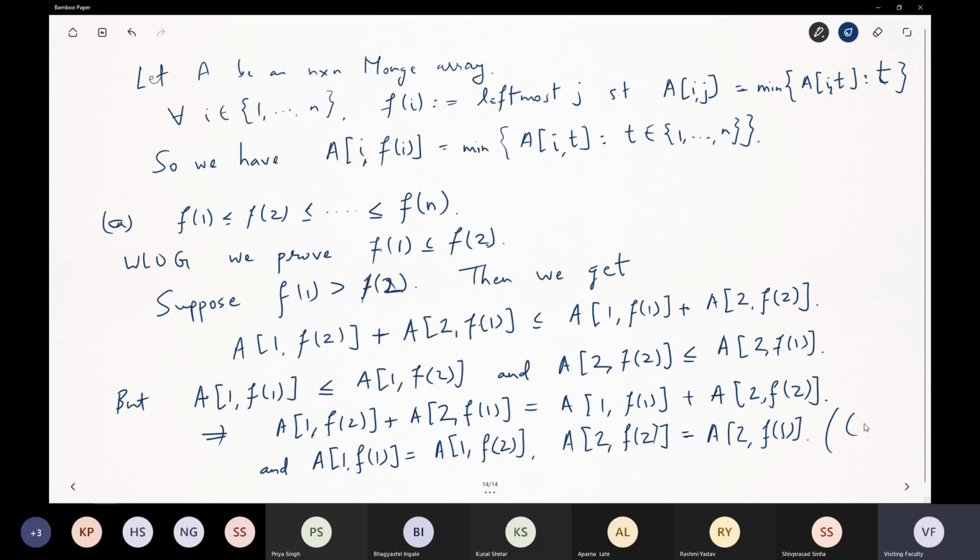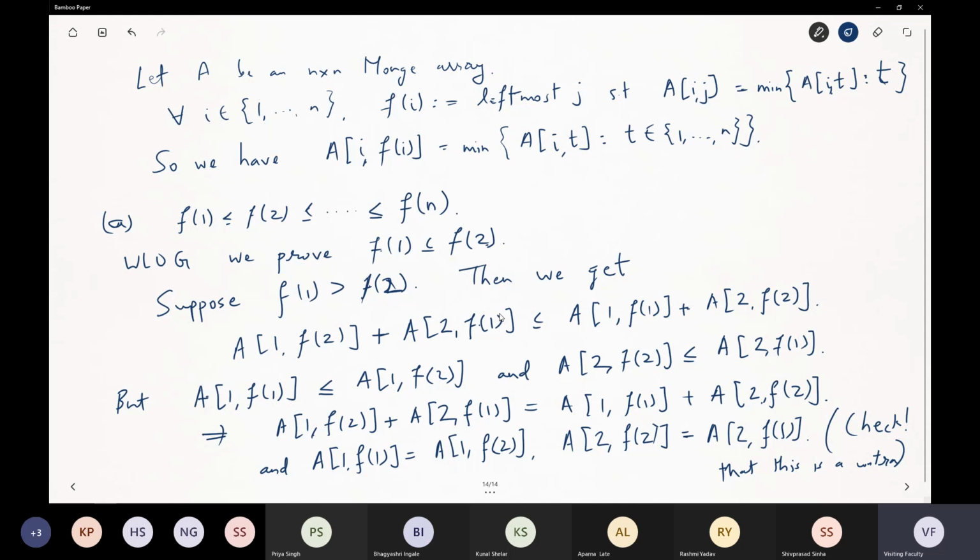Okay, check why. Just look at the definition, that this is a contradiction. Check that this equality that you see at the bottom gives you a contradiction to the definition of f of 1 and f of 2 and the inequality f of 1 greater than f of 2.